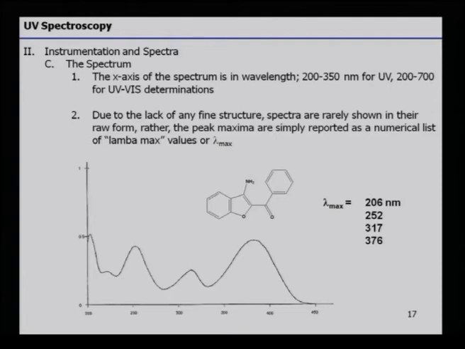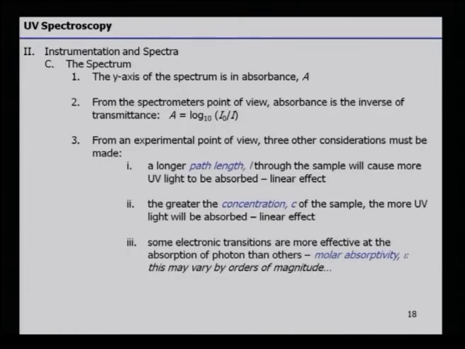Rather, the peaks, that is the lambda max, are simply reported as a numerical list, written with a lambda sign with a subscript of max. This is the UV spectrum of a molecule shown above, and it shows lambda max at 206 nanometers, 252 nanometers, 317 nanometers and 376 nanometers.